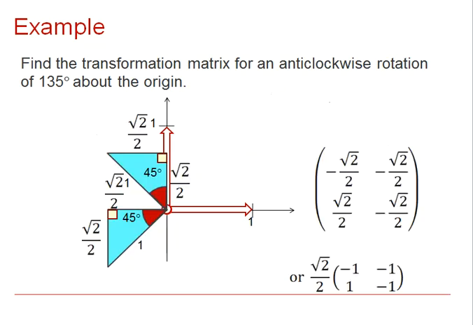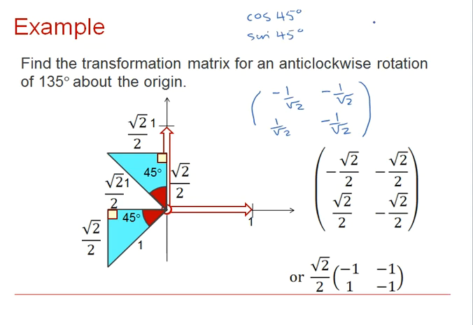This diagram is a lot neater. However, I would still like you to think of the matrix as being minus 1 over root 2, 1 over root 2, minus 1 over root 2, and minus 1 over root 2, the reasons for which will become apparent later. You may also like to remember some common trigonometrical values that you already know, such as cos 45 and sine 45.